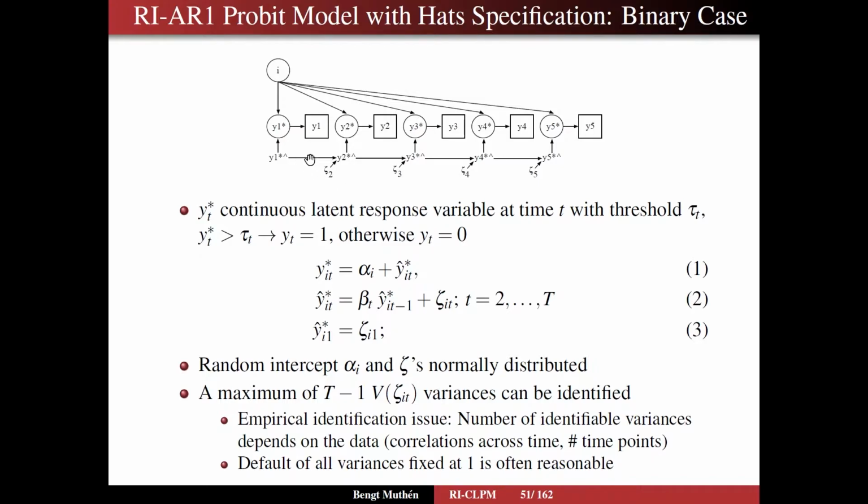But since beta is less than 1 and often quite low, like 0.3, the variance contributed by y1 to y2 is fairly small. It's 0.3 times 0.3, so 0.09 times 1, which means that the residual here is going to be the major part of the variance of y2. So that's an argument that you can have equality of variances even between the first time point and the residuals of the others.